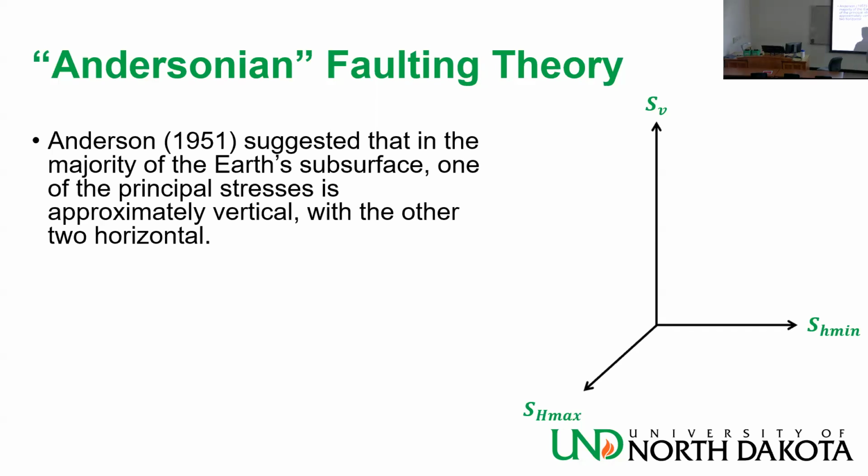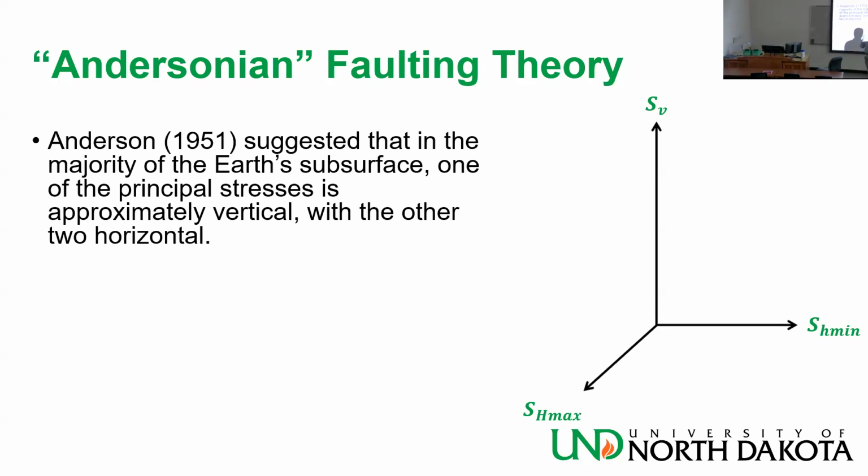Because I'm automatically telling you that one of the stresses is vertical, and then I have two horizontal, and one of them is bigger than the other, and I know how to call them, and I know their direction. If you tell me that SV is 1,000 in this place, I know where SV is located, I know the direction SV is pointing, and now I know the magnitude as well.